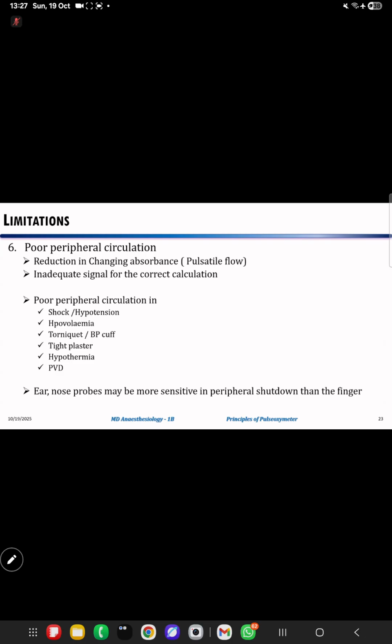So this can happen with hypertension, shock, hypovolemia, hypothermia, peripheral vascular diseases, tight plasters, BP cuff, tourniquet, anything similar to that. Ear and nose probes are more sensitive to peripheral shutdown than the finger ones.